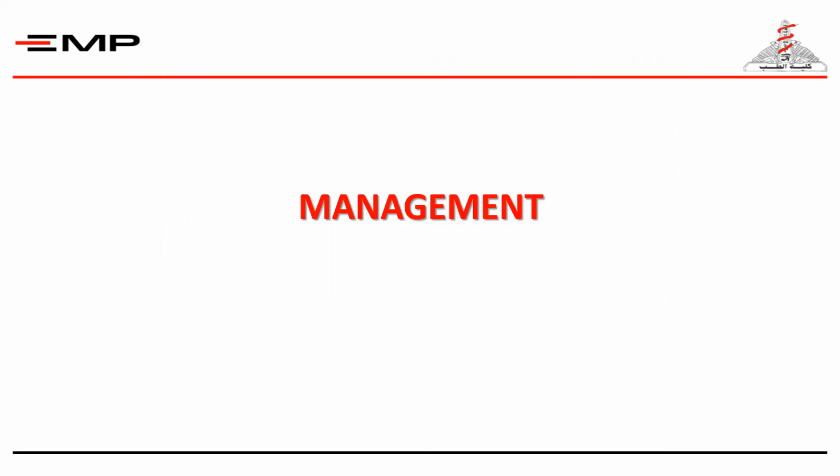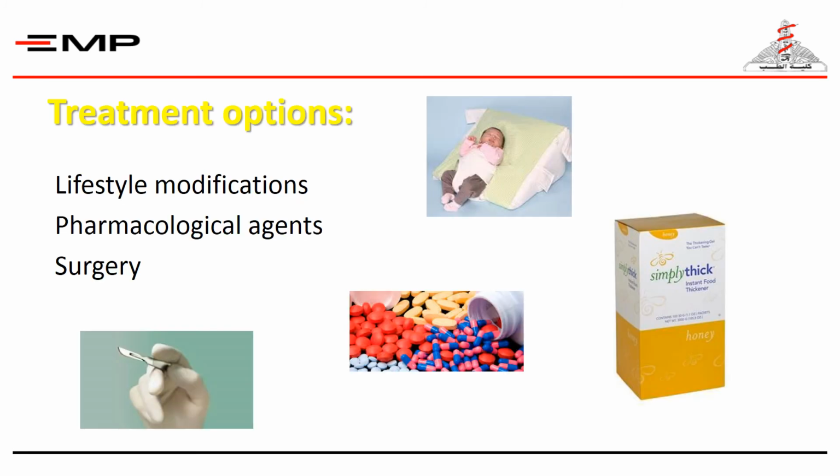How to manage cases with gastroesophageal reflux or gastroesophageal reflux disease. The treatment options for cases of gastroesophageal reflux and gastroesophageal reflux disease have three pillars. The first is lifestyle modifications, and this line of management usually shows a great degree of success in cases of infant regurgitation.